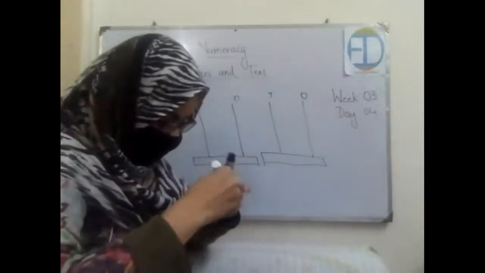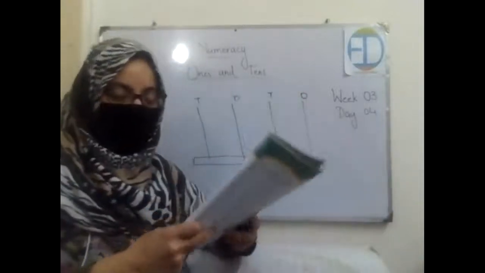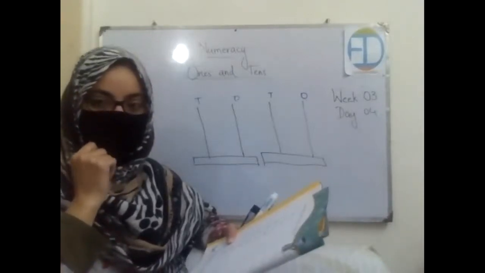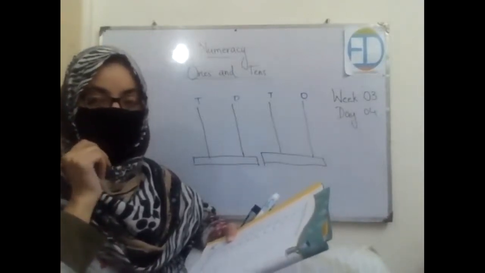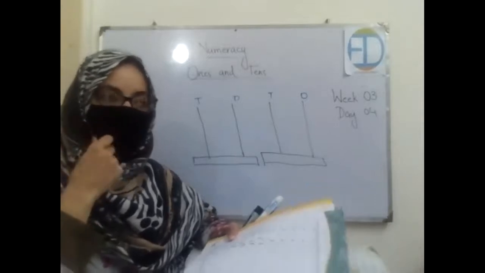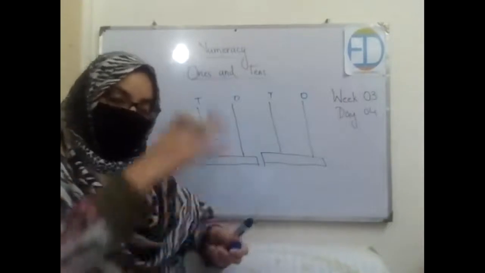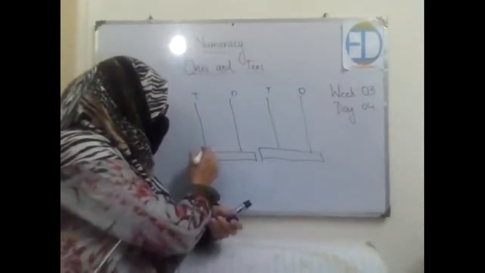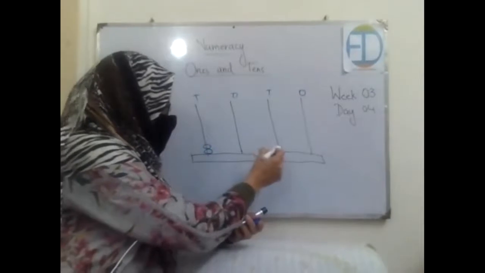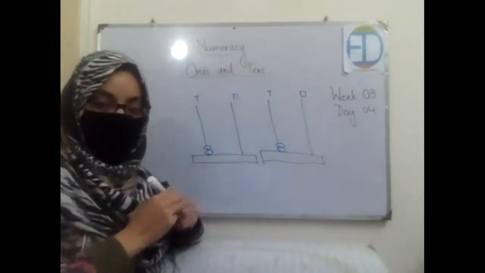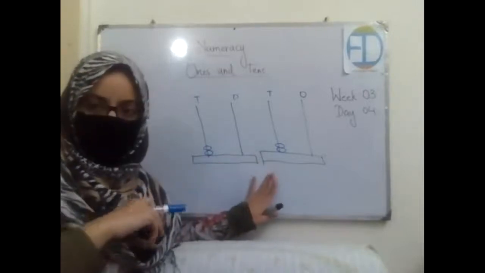Okay, now from 20 to 29, what would be the common thing in all of the abacus? That we will have two beads over here. From 21 till 29, we will have two beads in the tens column.